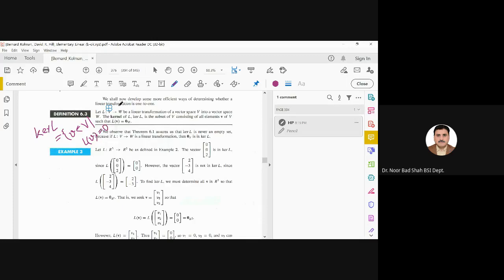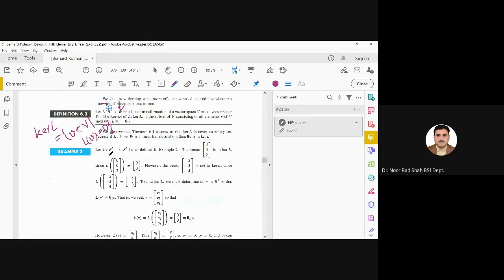Obviously, this 0 is an element of the second vector space, because outputs are in W and inputs are in V. So all vectors for which L of V is 0 form the kernel of L.